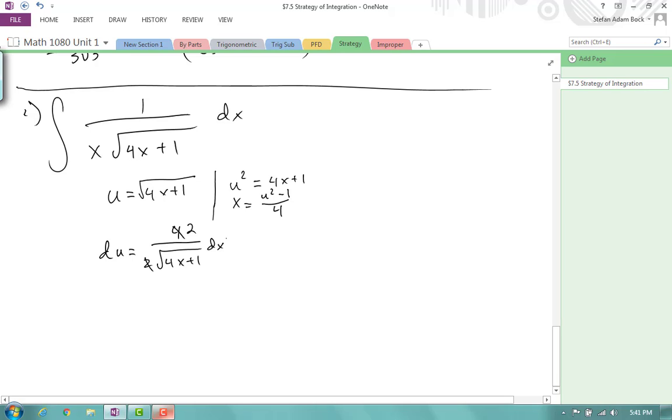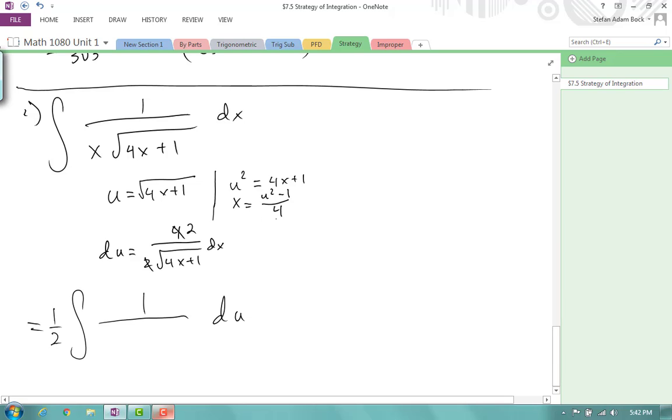So when I substitute this, I'm going to have 1/2 an integral. The dx divided by the square root, that's my du. And I'm left with an x over here.